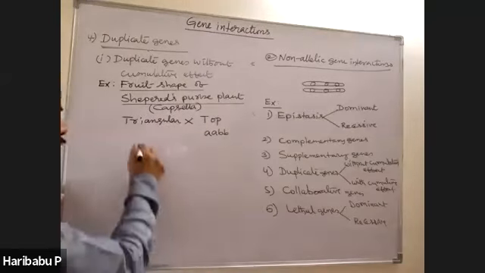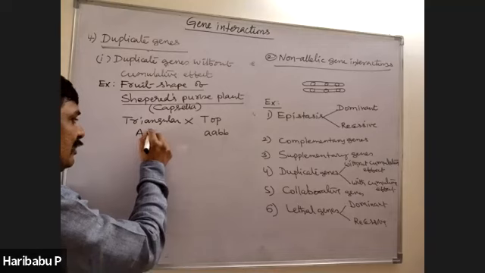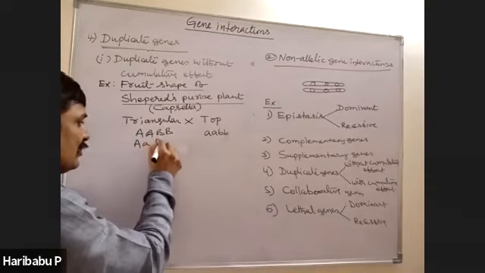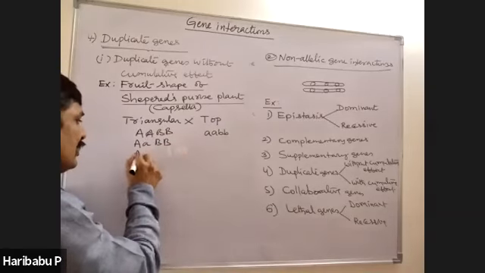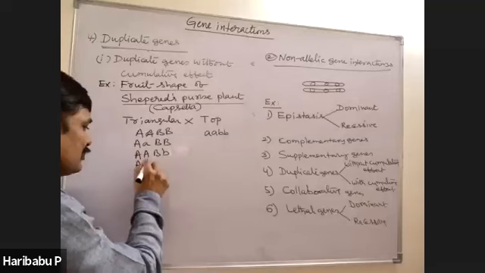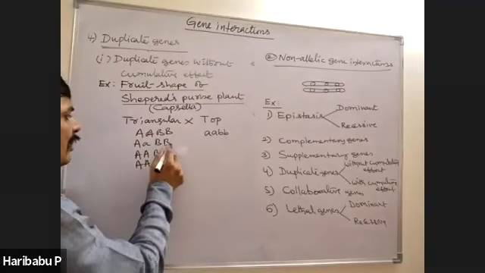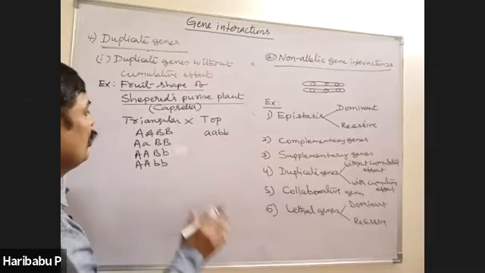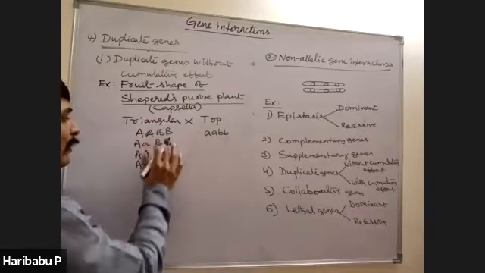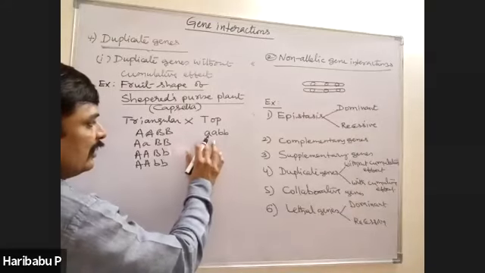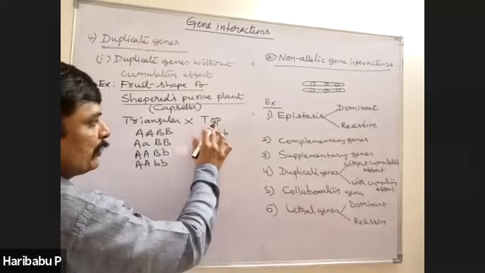For example, whether it is present in this condition or this condition or this condition, like this or this condition like this, one dominant gene is enough to control this character. But if no dominant gene is there in both the cases, then a top shaped fruit is expressed.